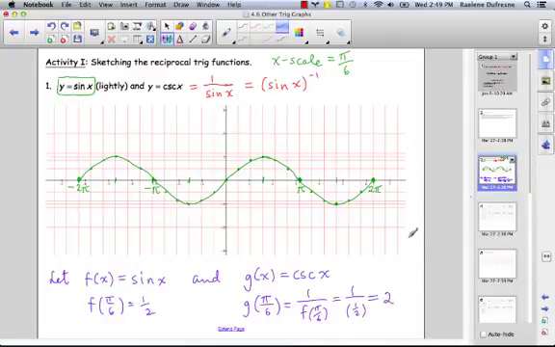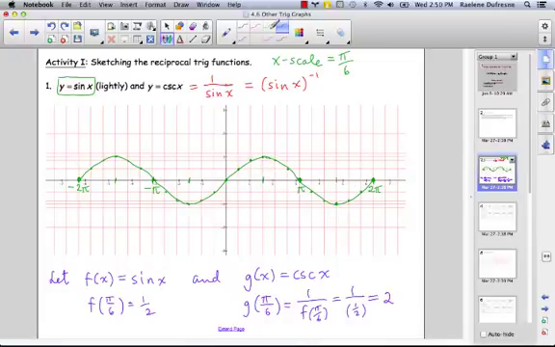So what we're going to do is take each of the plotted points from the sine curve, and we are going to reciprocate the y-coordinates to get the y-coordinate on the new graph, the cosecant x. Reciprocation is not one of the basic transformations of reflection, scale, or translation that we have talked about in the past, but it is a transformation nonetheless. So let's take this maximum point.